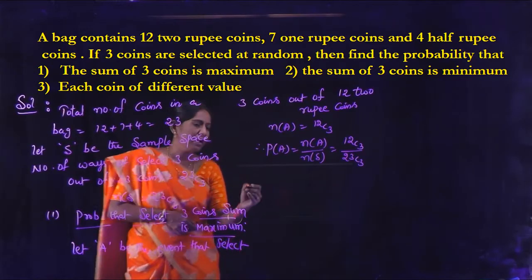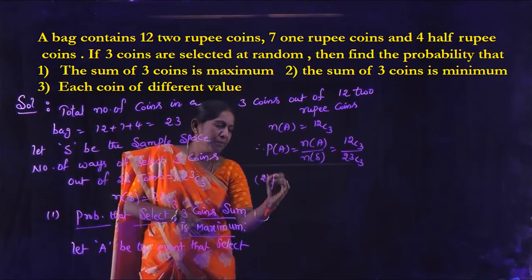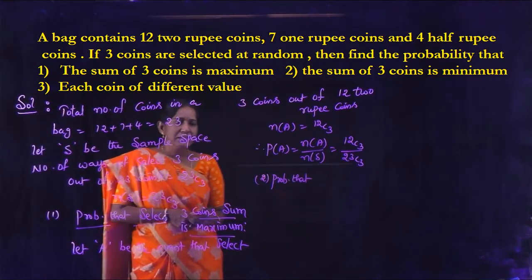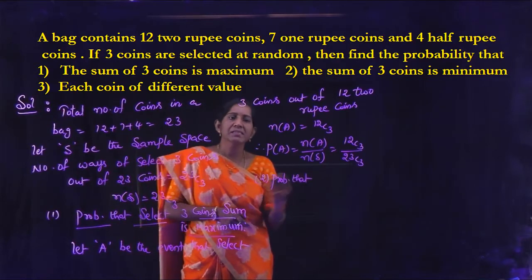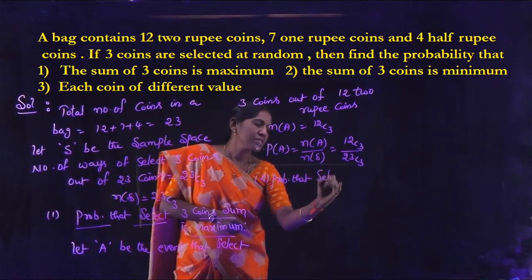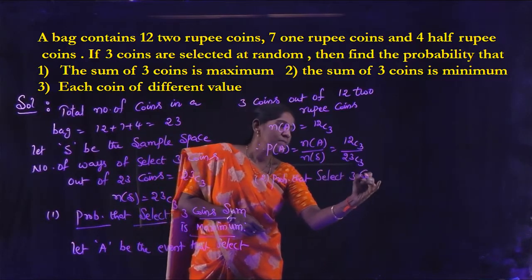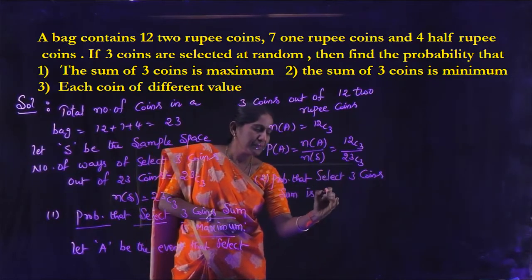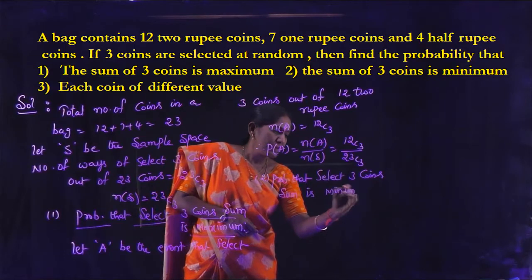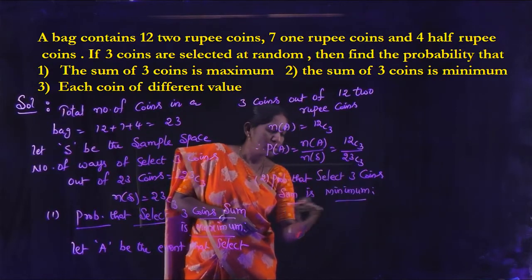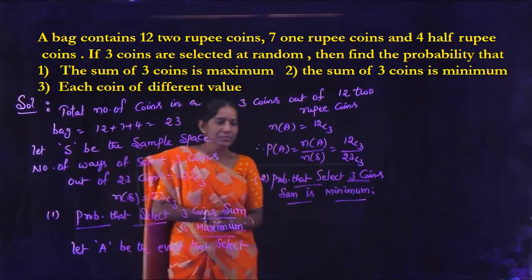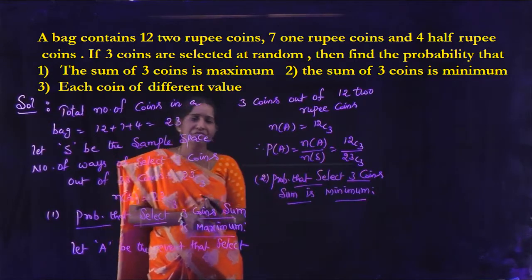And the second one, we have to find the probability that the 3 coins selected have the minimum sum. So we have to select the 3 coins which have the minimum value, those are the 4 half rupee coins.